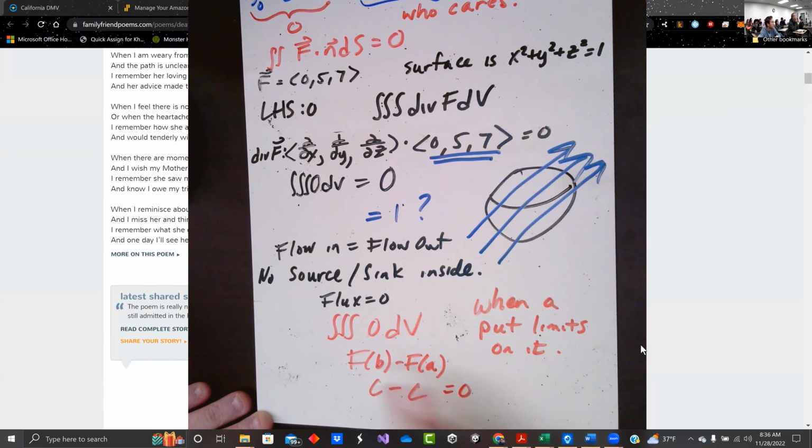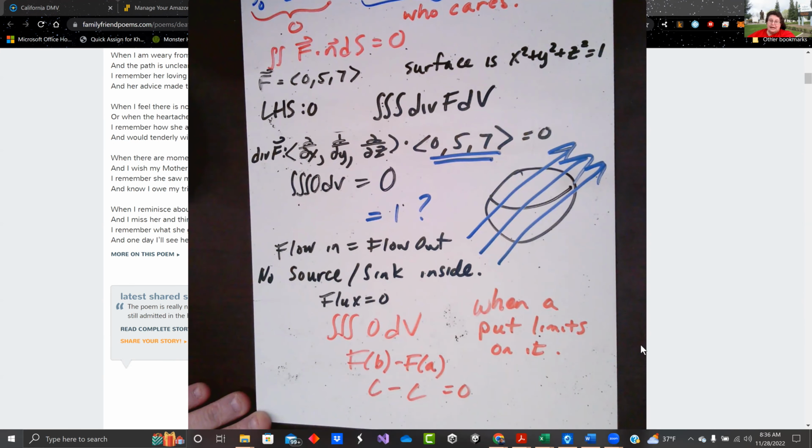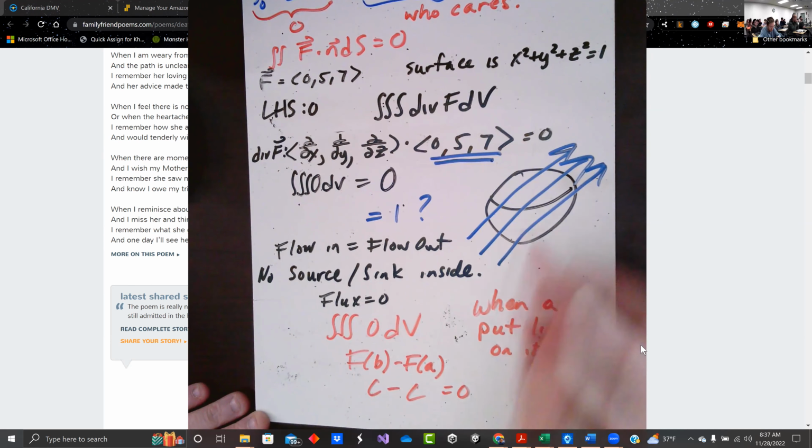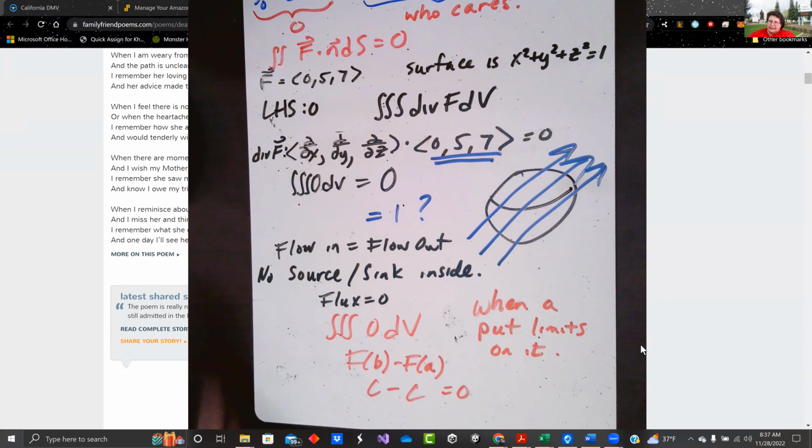So every time you do one of the integrals, you're still left with 0 inside. Because this is not an indefinite integral, it's a definite integral. So that's the math jargon approach to it. The flux, I think, is a handier interpretation to get the picture of what's going on, but that backs up the math part.